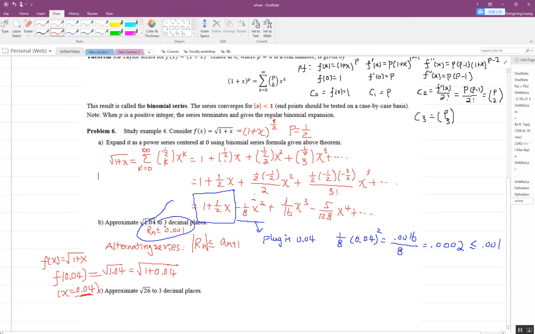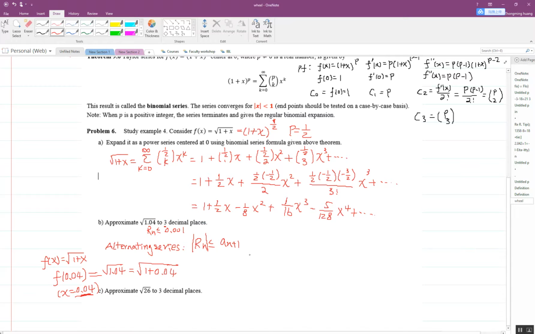So I have to erase this for now, and then let me continue to write from here. Because when n is 2, the R2 of 0.04, we just computed it, right? It will be less than or equal to 0.04 squared divided by 8.